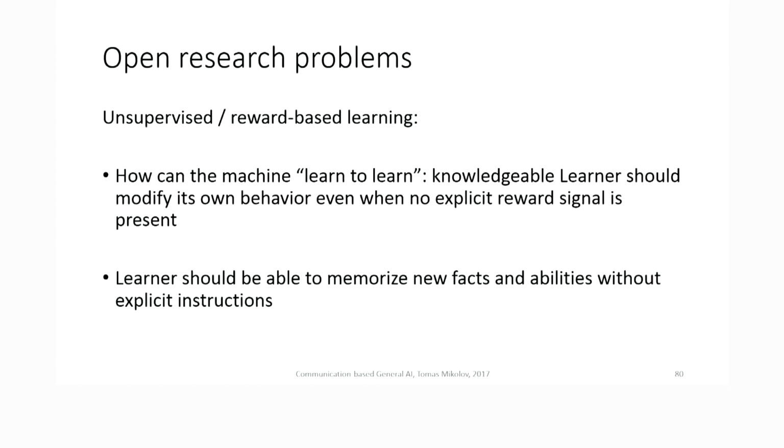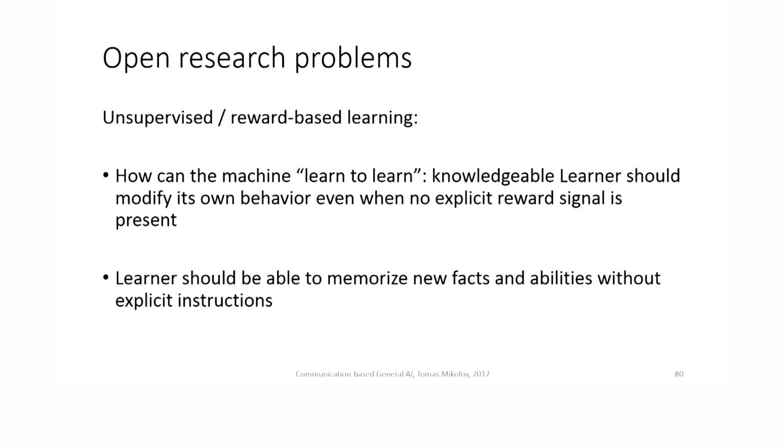To summarize open research problems, we believe that unsupervised learning, where you just have very weak supervision coming from some sparse rewards or no real supervised signal, and you have to understand which parts of the input correspond to some rewards, is a big problem.